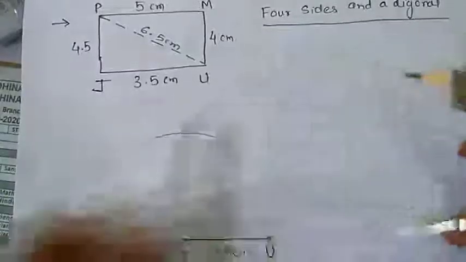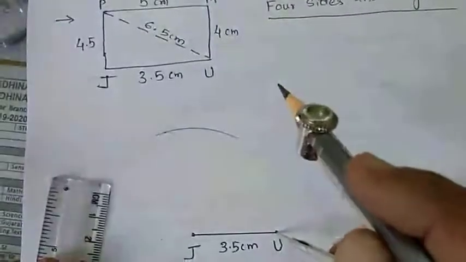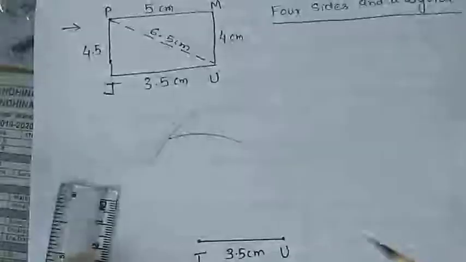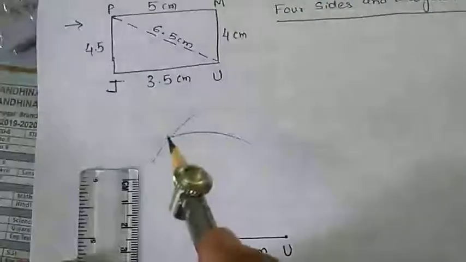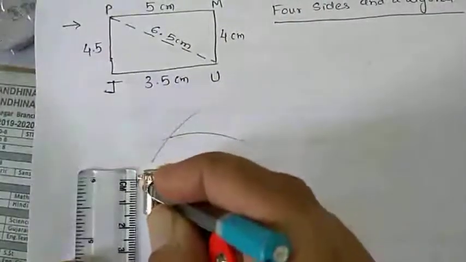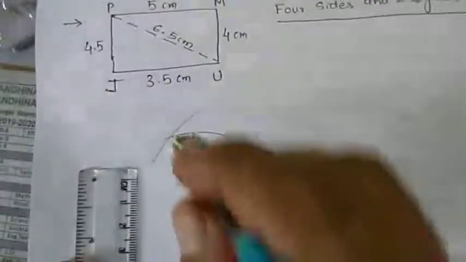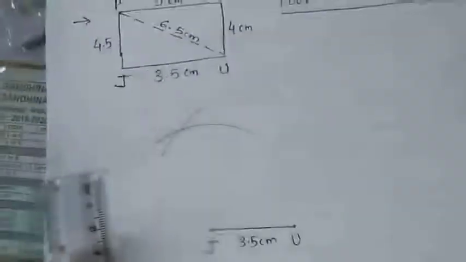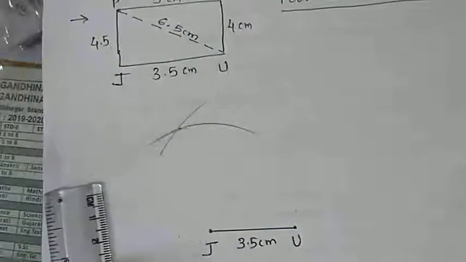Clear? This way, taking U as center, just we try to cut it. So 4.5 was from J. Sometimes yes, you have to make it a bit bigger. So intersection may be any.